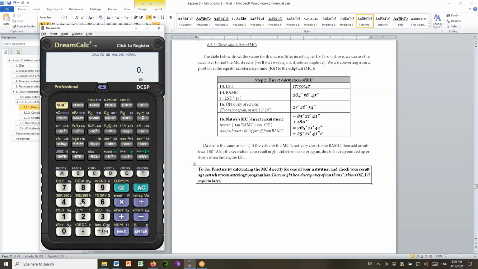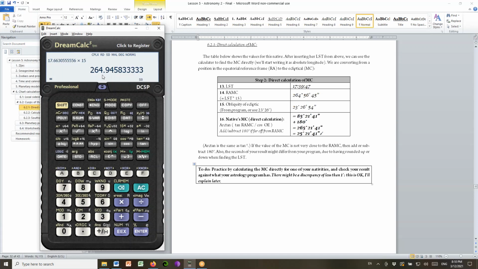So what we do is we type 17, and then we click the button for degree, minute, second. 39, click it again. 47, click it again. And then we're going to multiply that by 15. And we press enter, and we get 264.94 and a long decimal point.